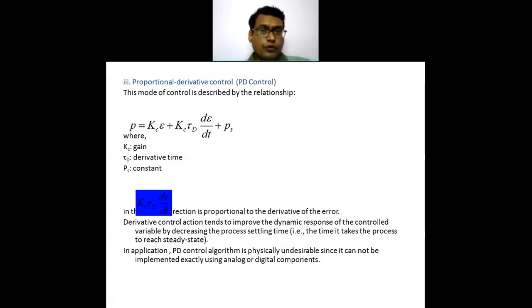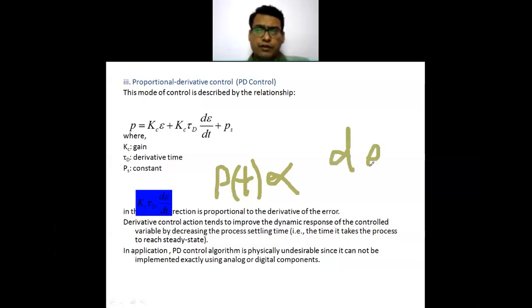So your derivative term, that will be the Pt, that is proportional to the derivative of the error, is directly proportional to the derivative of the error, or epsilon.